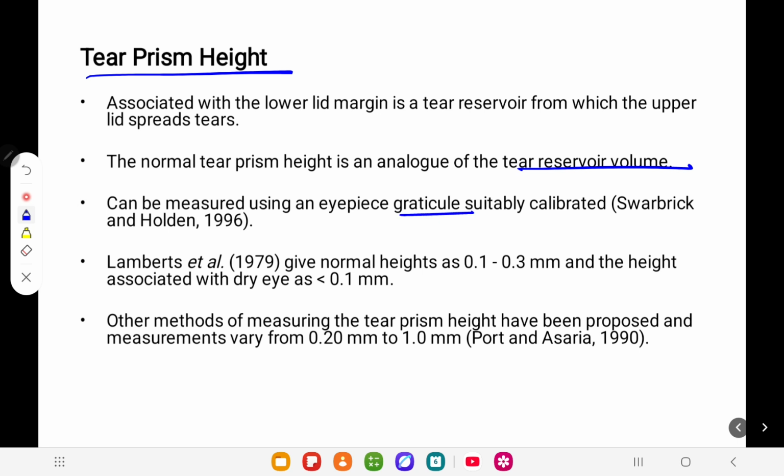We normally consider 0.1 to 0.3 mm to be the normal tear prism height, and if it is less than 0.1, we think it's dry eye. Other methods to measure tear prism height have been proposed, and values vary from one author to another, but in general we think this is the correct value: 0.1 to 0.3 mm.